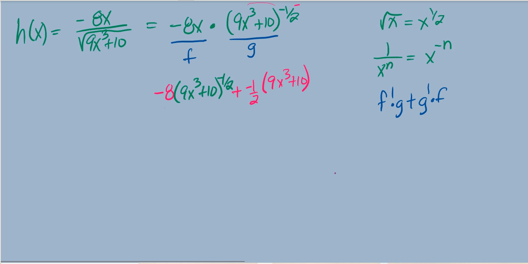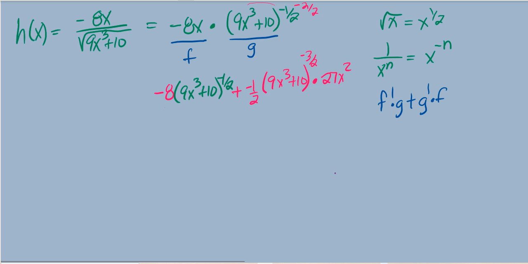Subtract the exponent by 1, which is 2 over 2, so negative 1/2 minus 2 over 2 gives us a negative 3/2. We're still not done. Using that chain rule, we now have to take the derivative of what is on the inside. The derivative of 9x cubed plus 10 would be 27x squared.